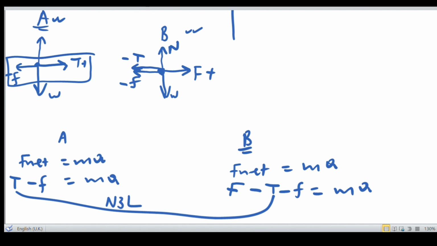So what you must keep in mind is that the sign of the tension of object A will not be the same as the tension of object B. So in that case, you'll be safe. Okay, you'll be very, very safe. Once you draw a free body diagram, one will be positive tension, the other negative. That is Newton's third law.